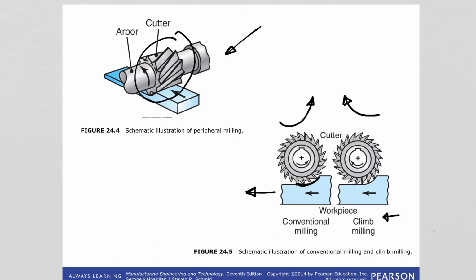So therefore, in up milling, the chip is very thin at the beginning because the chip is forming on the milled surface. So it is very thin at the beginning, where the tooth first contacts with the work. Then it increases in thickness and becomes a maximum where the tooth leaves the work here.